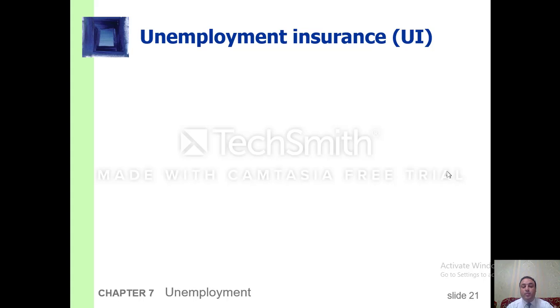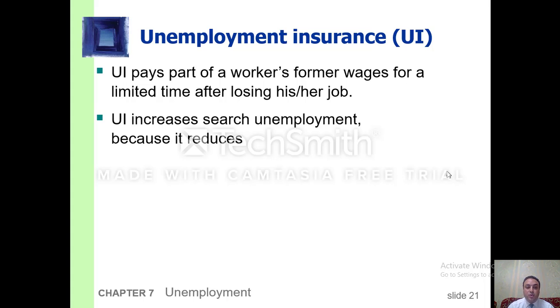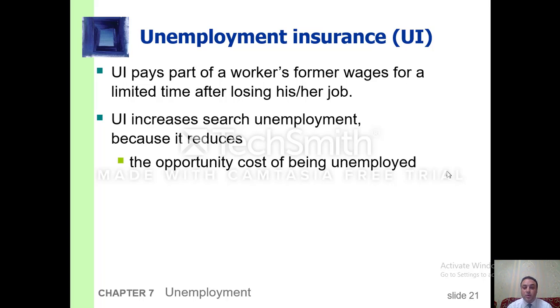We also have unemployment insurance. This is another policy that pays part of the worker's former wages for a limited time after losing his or her job. And unemployment insurance increases search unemployment because it reduces the opportunity cost of being unemployed.